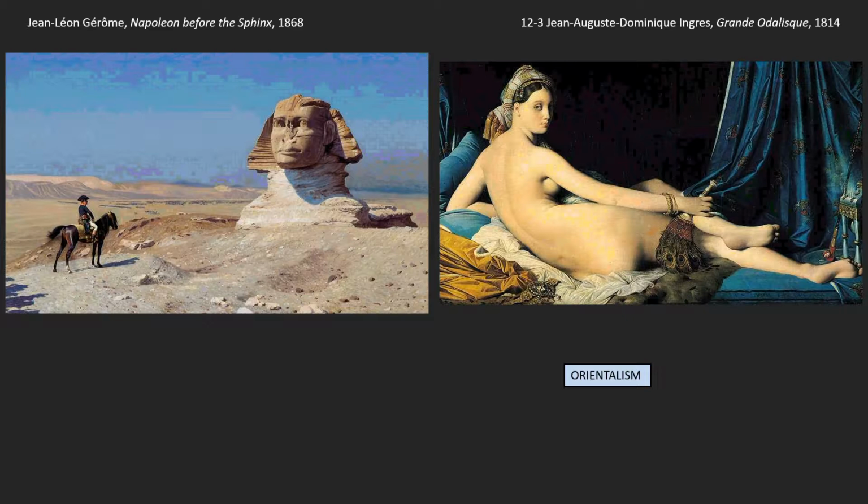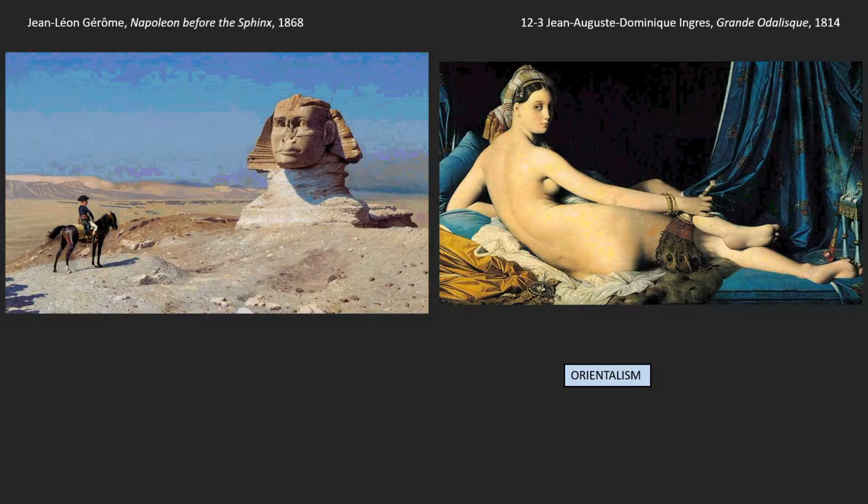I should also mention here that this interest in Orientalism, particularly in French art, does not go away until deep into the 20th century. And it's compounded politically by the fact that Napoleon's over and done with by 1815, right? So that's not even in the cards anymore.